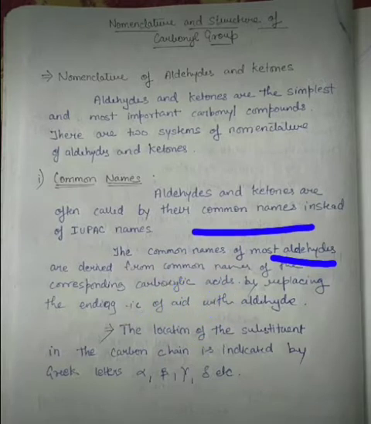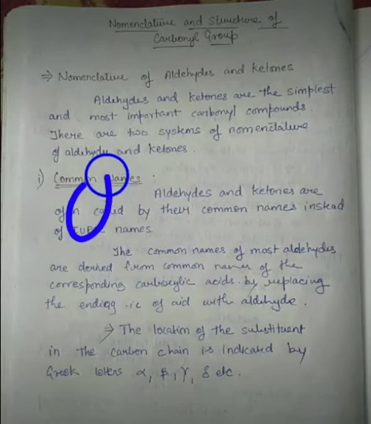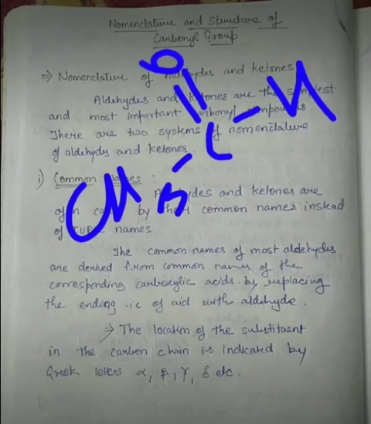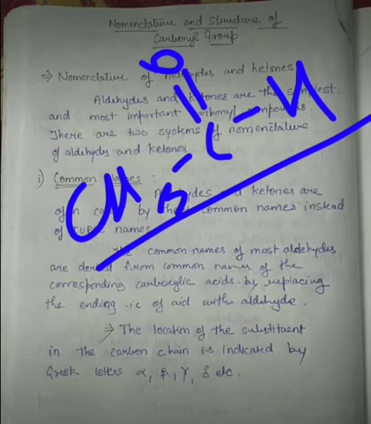Suppose we are considering the compound CH3COH. If we are talking about the carboxylic acid, here it will be OH, it is acetic acid, but for the aldehyde it will be acetaldehyde.